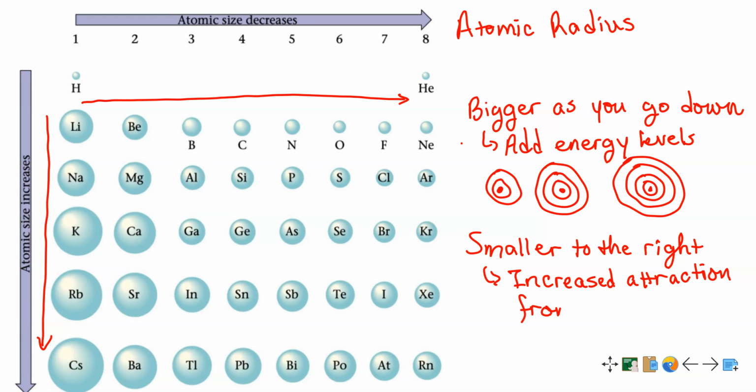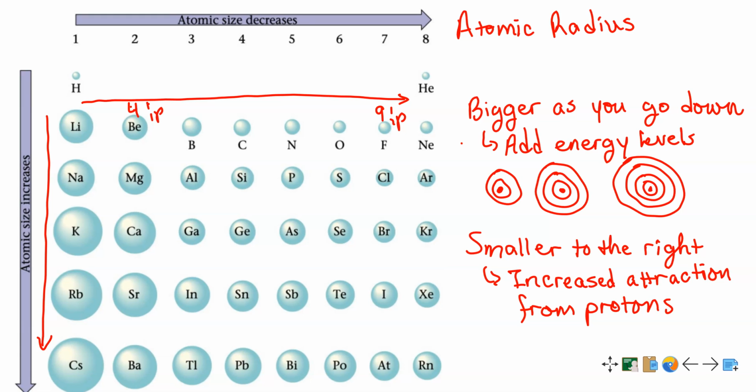So increased attraction from protons makes the element smaller. Okay, fluorine has 9 protons, whereas beryllium only has 4 protons.